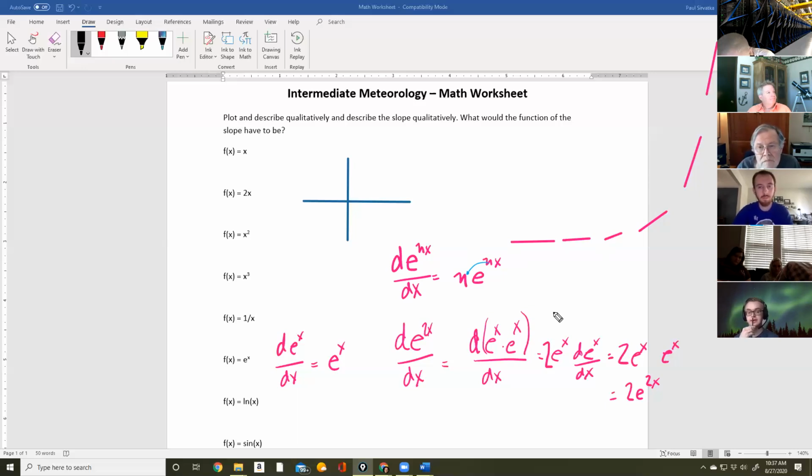I guess you could look at it too as you take the derivative of what's in the exponent, and then times the original e to the nx. And what's the derivative of nx? It's just n dx. I'll put this over there.